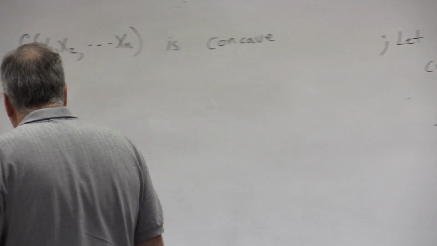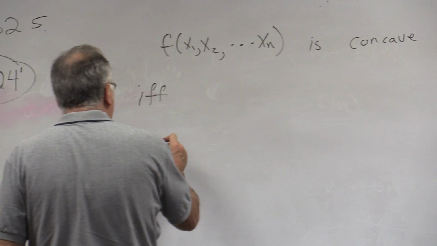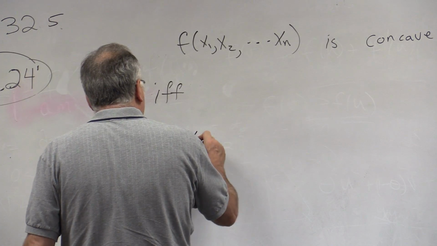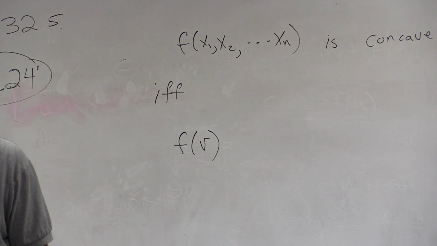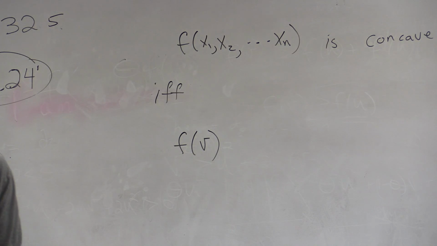And the condition is this for concavity. F of v, let me just write f of v, but we understand this v is a 1 by n row vector.